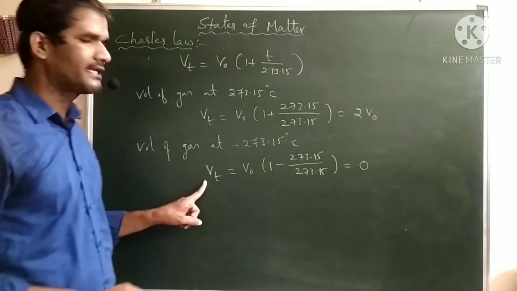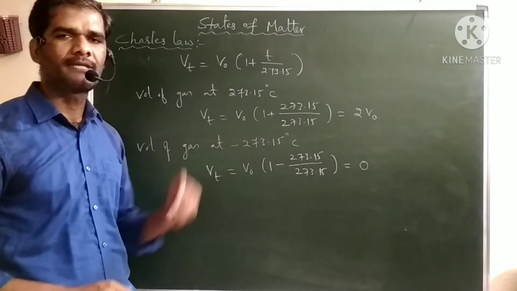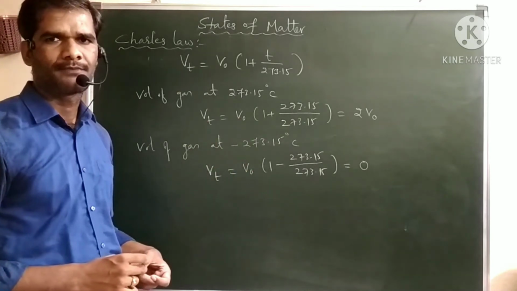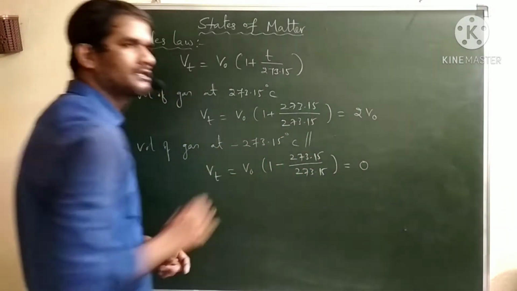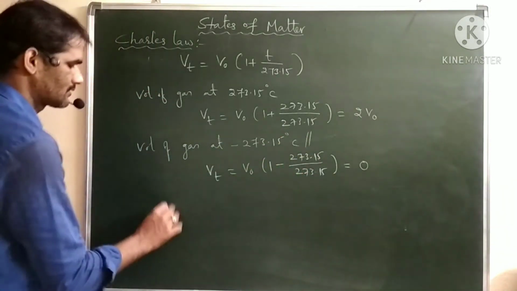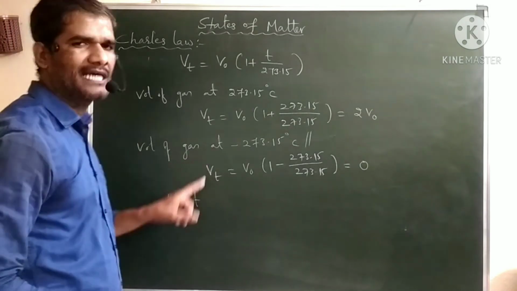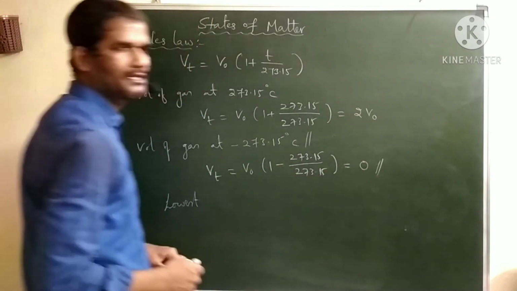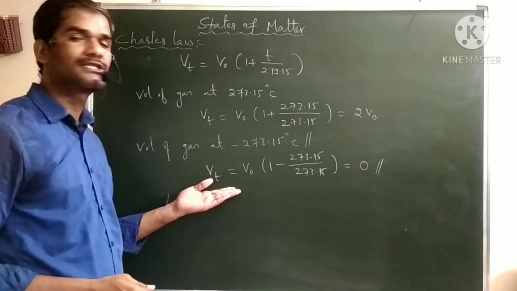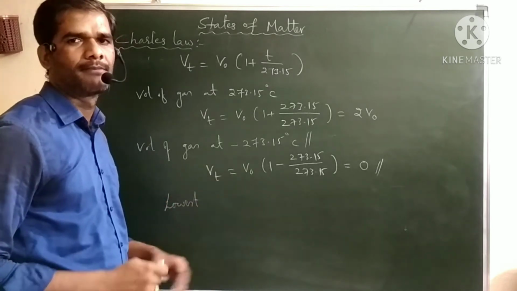So the volume of the gas becomes 0 at a temperature of minus 273.15 degrees Celsius. We can assume that this is the lowest possible temperature, because below this temperature gas will not exist. At this temperature the volume of gas is 0, no more gas is there, so you cannot go beyond that temperature.